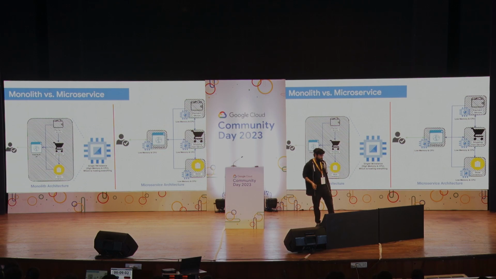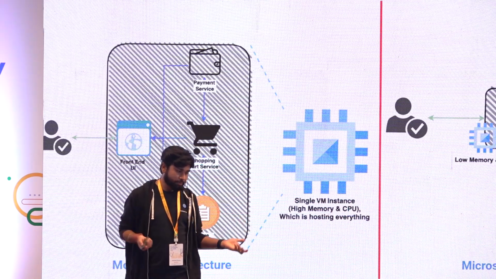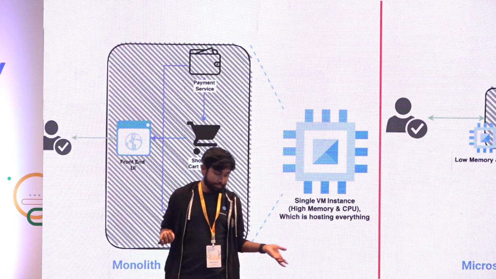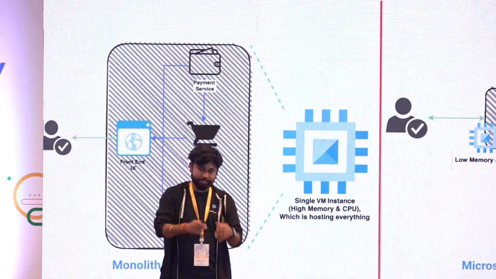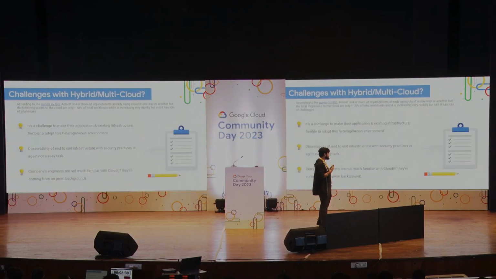Say I have a website where I'm doing some shopping. There is a payment service, shopping service, store, and front end. If I take all these things in one place, it is called a monolith. If I segregate them, that is called microservice.